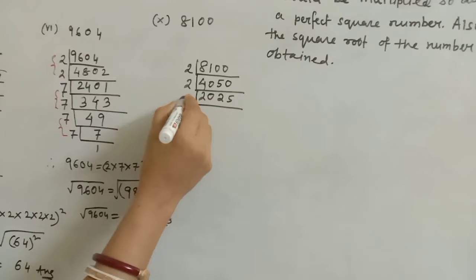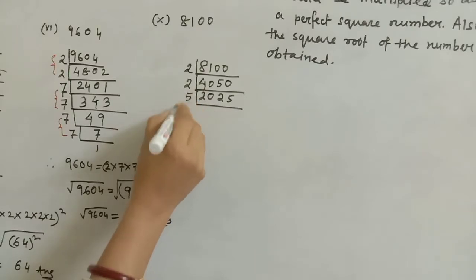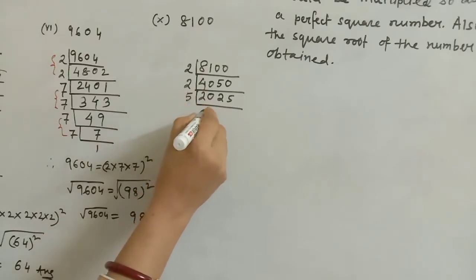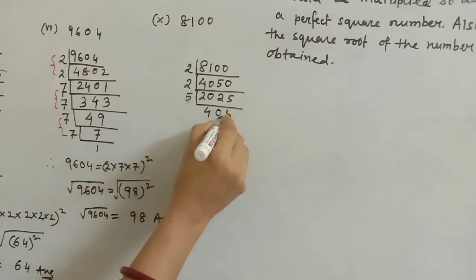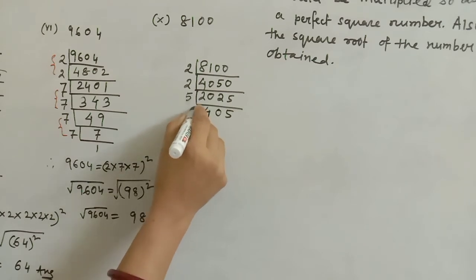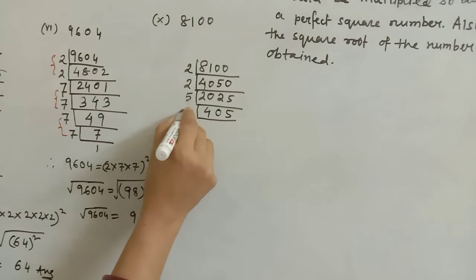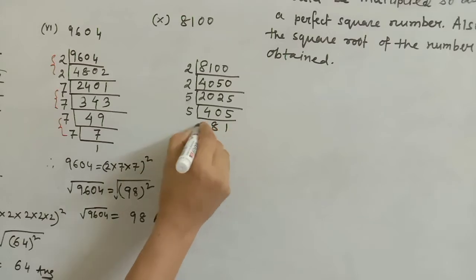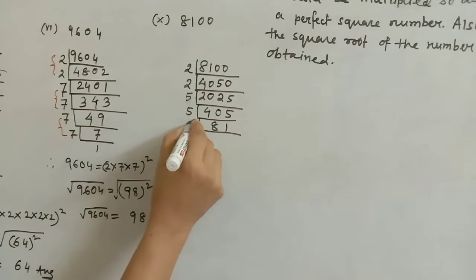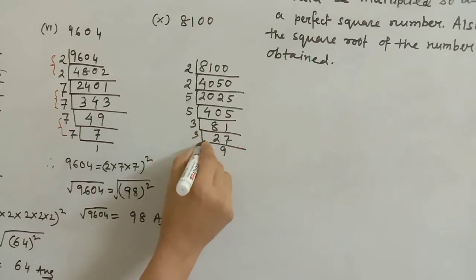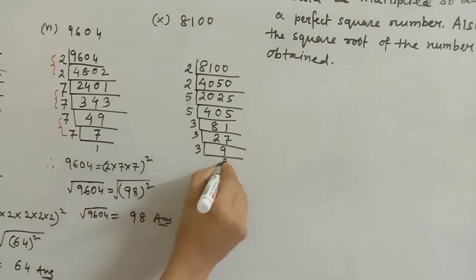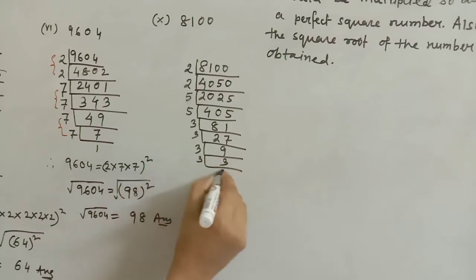So divide by 5, you get 405, then again by 5, 81. Next it is by 3, 27, again by 3, 9, by 3, 3, by 3, 1.